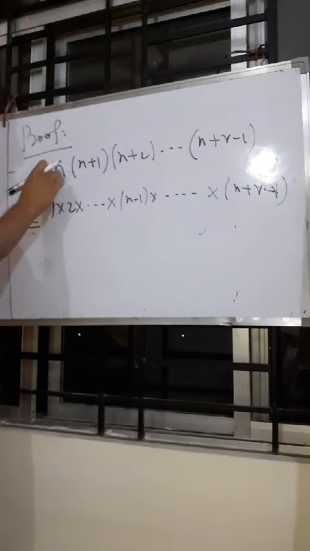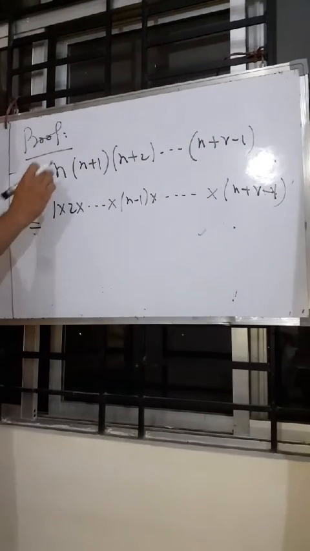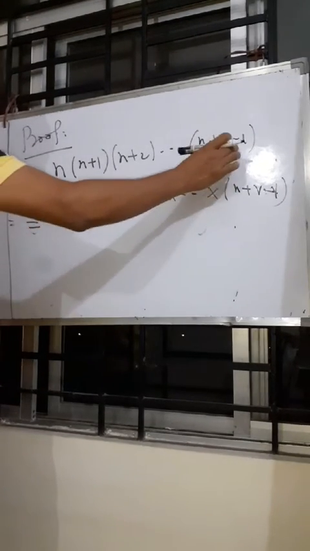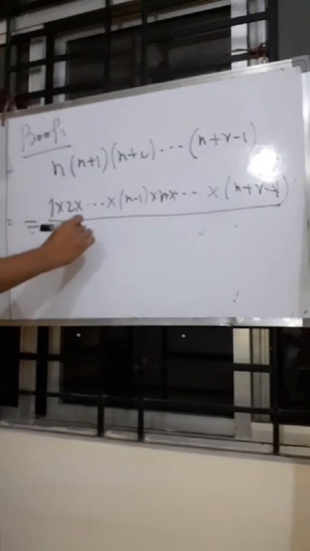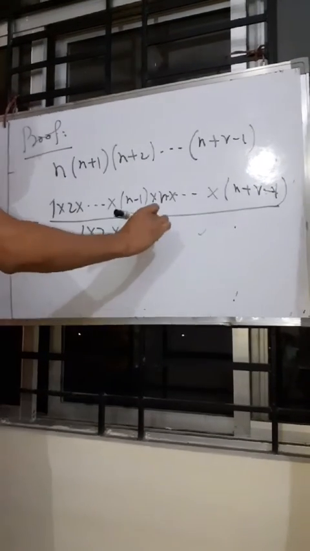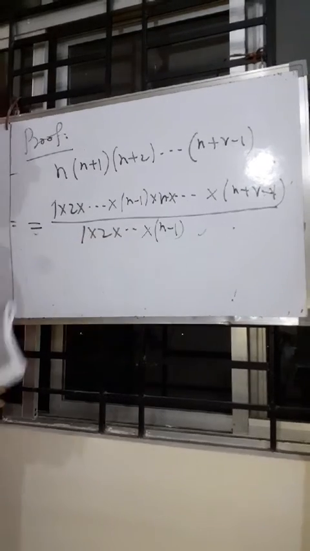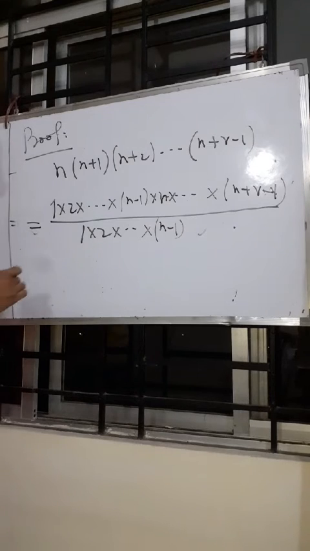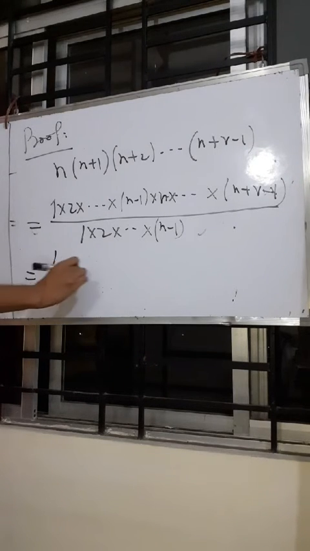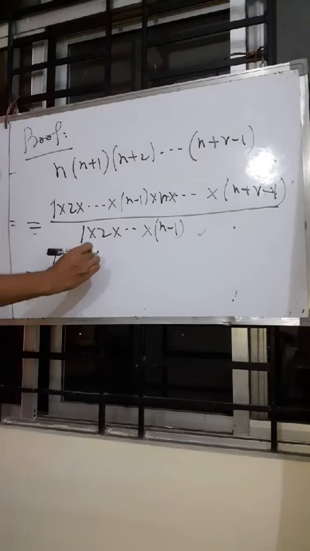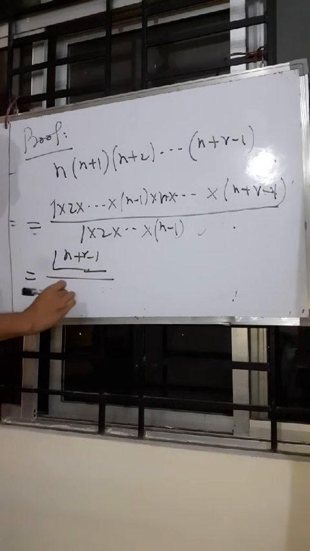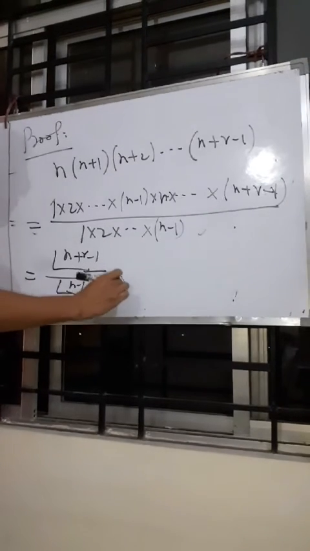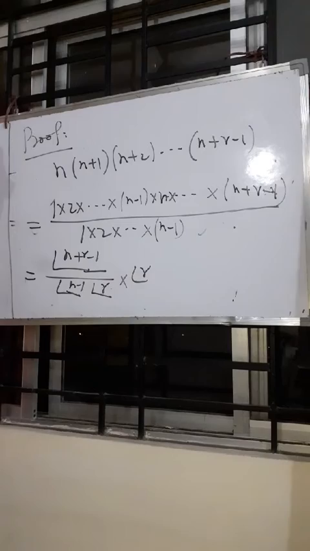This product is from 1 up to this number. So I should divide again to maintain the balance, to maintain the equality. I must again divide by the extra numbers. So these are my extra numbers. Now again, this is factorial n plus r minus 1, so this is factorial n minus 1. Additionally, you divide by factorial r and you multiply by factorial r also.